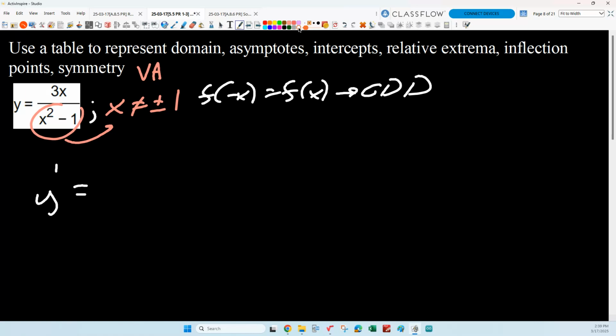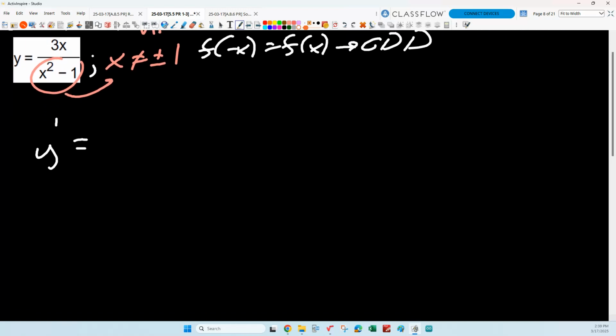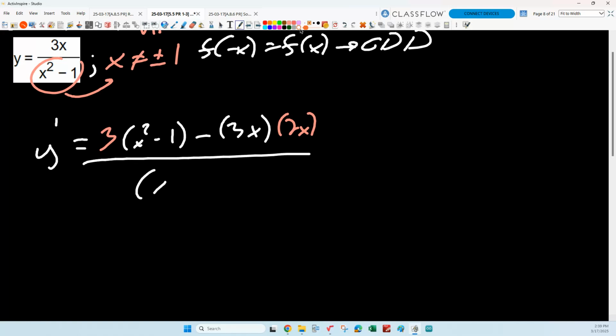What do we get? Okay, good. Low is x squared minus 1 times d high is 3, minus high times, what's d low? 2x, over x squared minus 1 squared, okay?